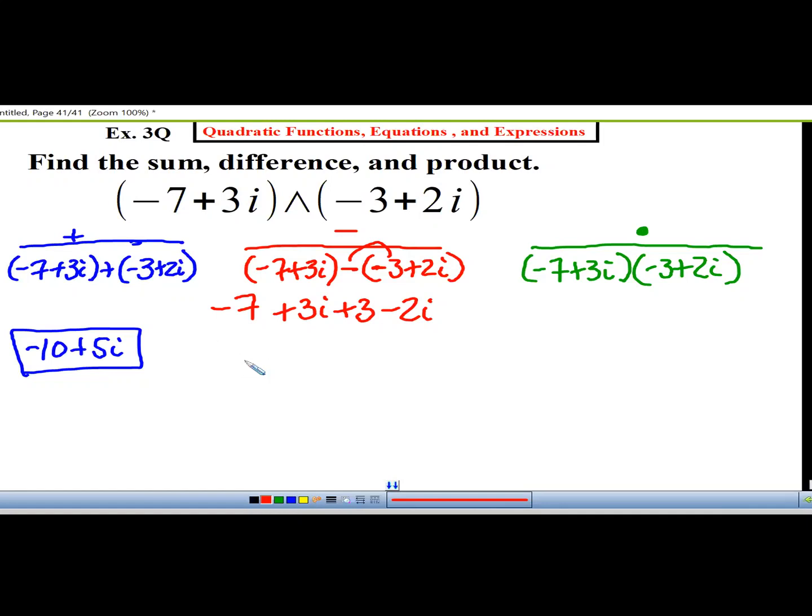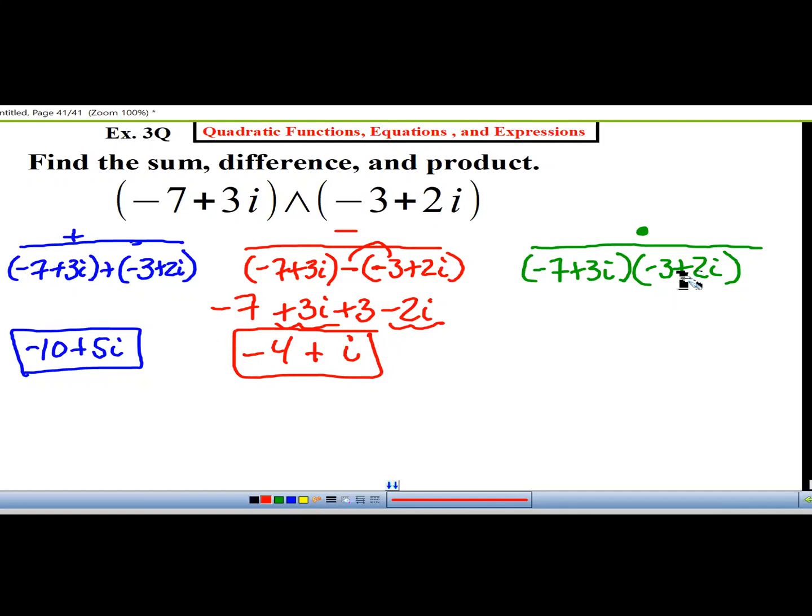What'd you get? I got negative 4 minus i. Negative 4 minus i. It's close. Negative 4 is correct. However, we have 3i minus 2i should give us positive 1i. Careful on that one. Hands if you got that.